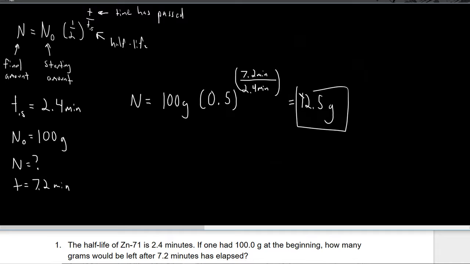All right, and that makes sense. 7.2 divided by 2.4, that's 3. So we've got 3 half-lives. If I start with 100 grams, I'm down to 12.5%, or in this case, 12.5 grams. Really, it's just plugging stuff in and just making sure you're doing the PEMDAS right, however it is you want to say it.